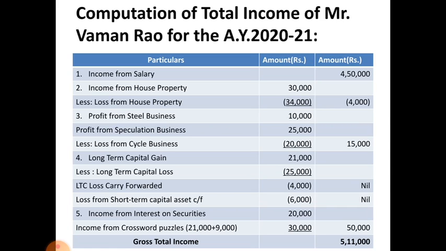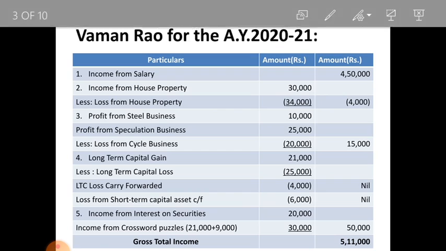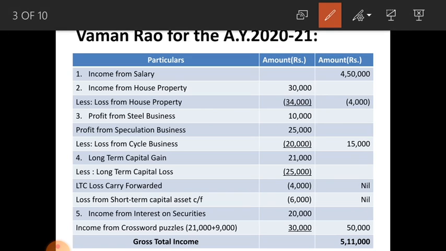Second source of income is income from house property. Under this head there are two items. First one, income from house property A, and second one, loss from house property B. You can set off this loss against the income of house property. See, income from house property A 30,000 and loss from house property B 34,000.